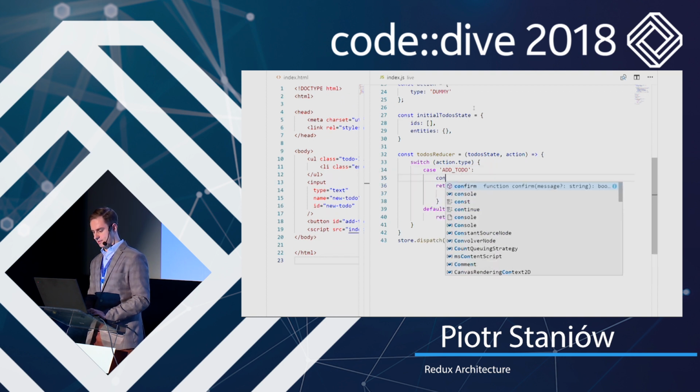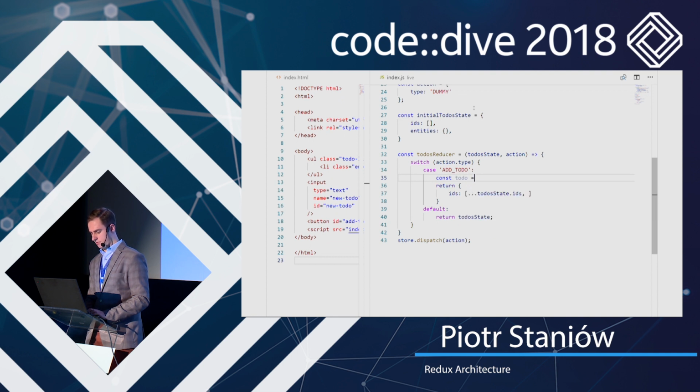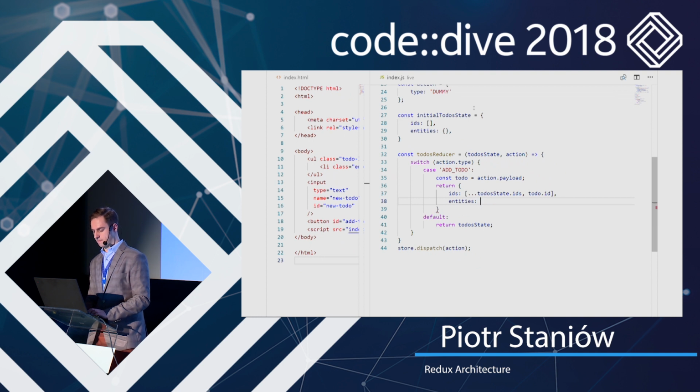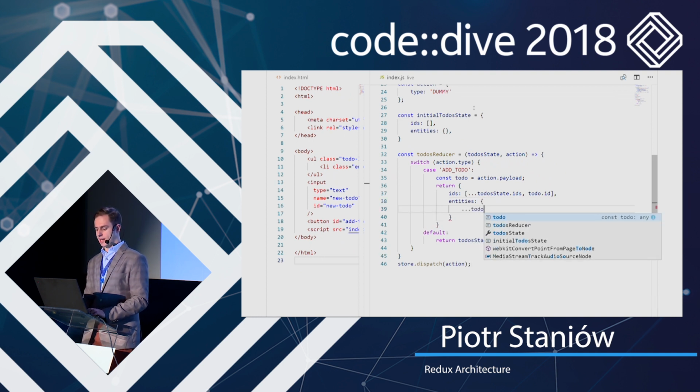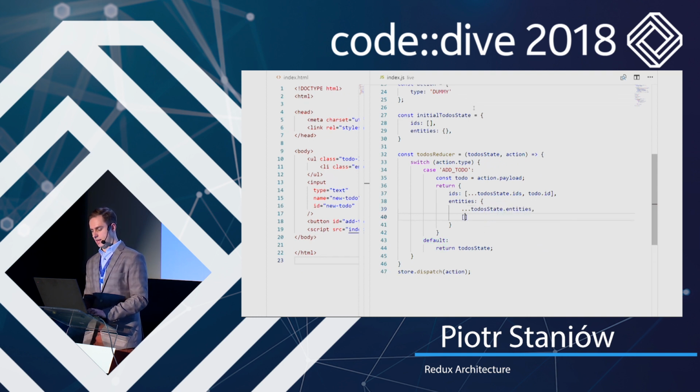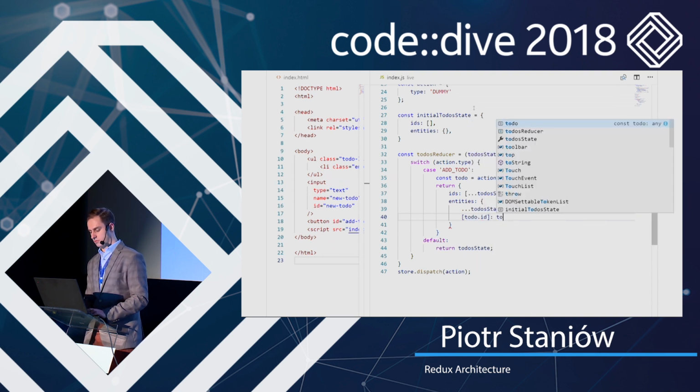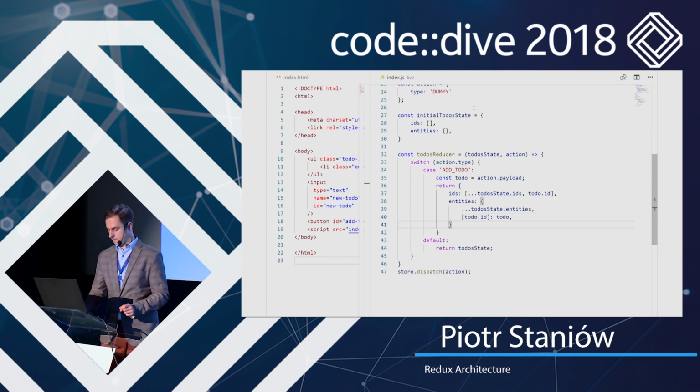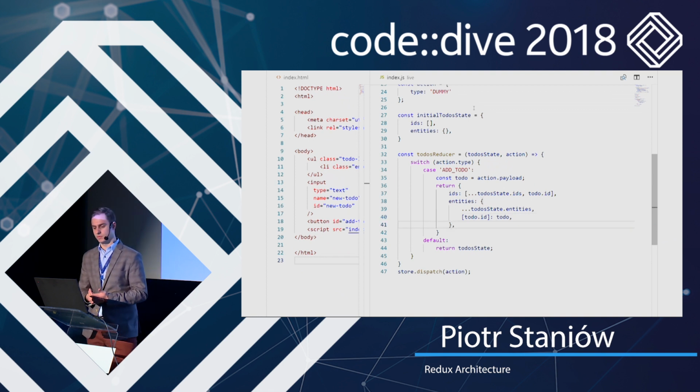Let's say that an action will carry information about the ToDo being added. And that's the ID I'm adding here. Entities. Again, we want to copy anything that is unchanged and add a key ToDo ID that will equal ToDo. Okay, I've just added a brand new ToDo.